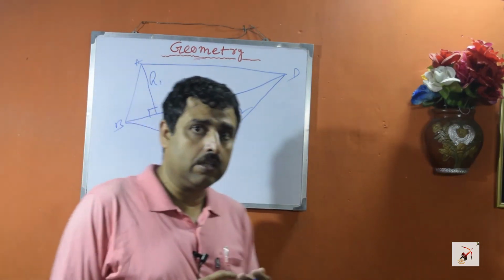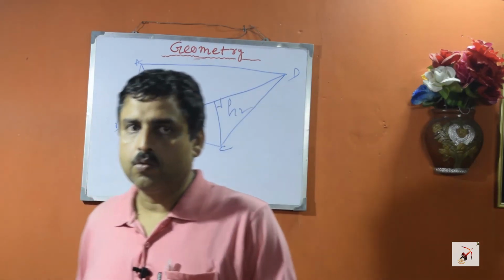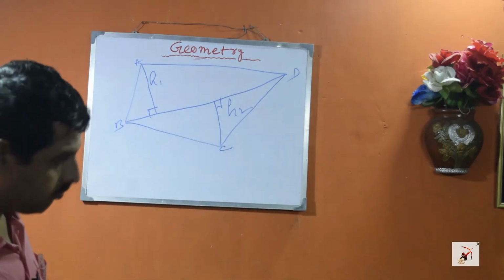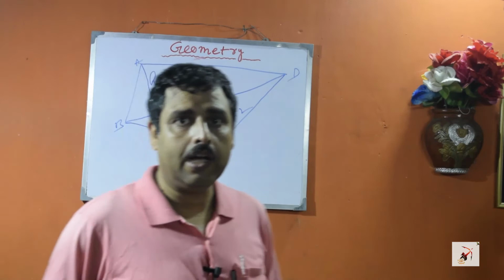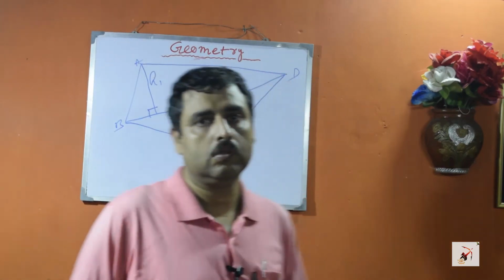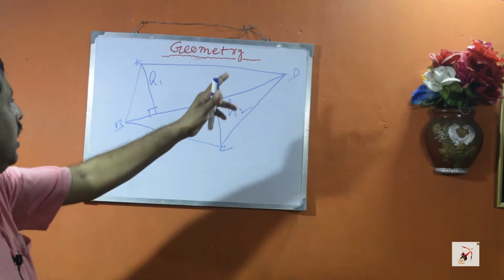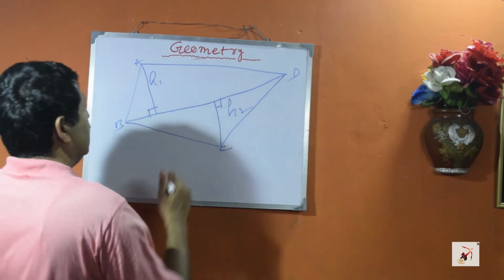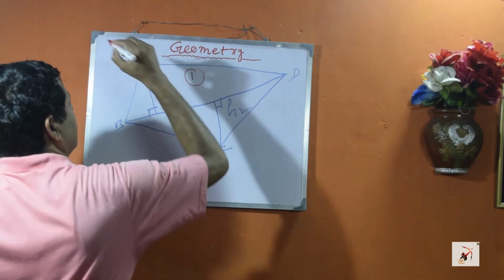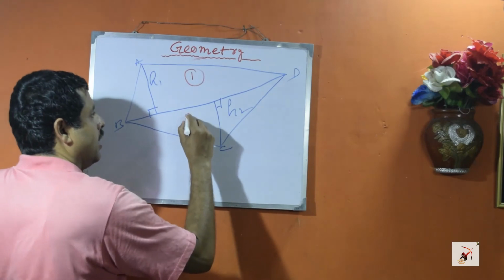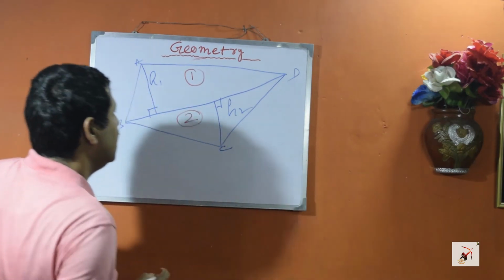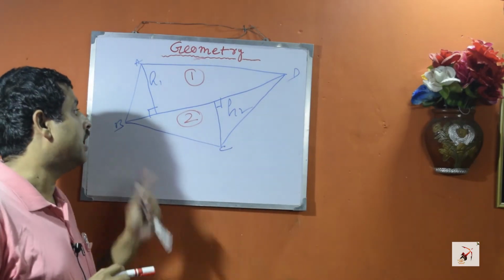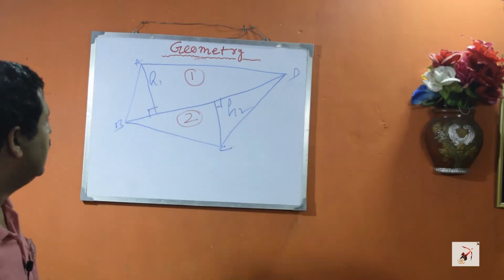After constructing the diagonal, the quadrilateral is now divided into two triangles. If you calculate the area of these two triangles, we can easily calculate the area of such irregular quadrilaterals. Let us name this triangle number 1 and triangle number 2, triangle ABD and triangle BCD.